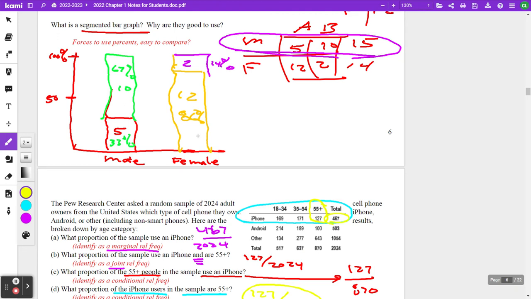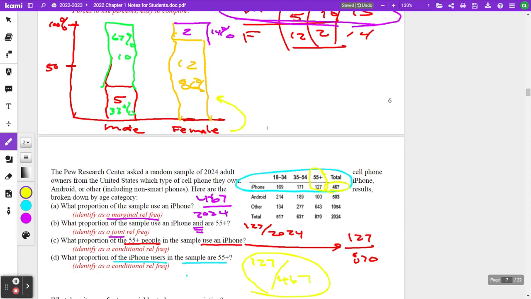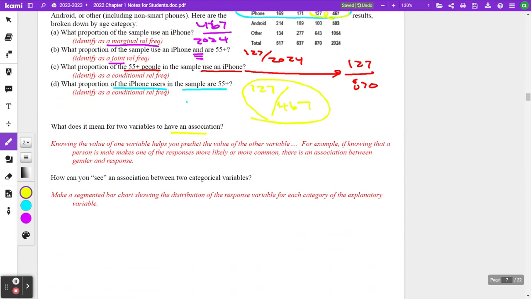You would say, oh, well, females do better in his class. They work harder or whatever it is. So that's what they mean by association: when knowing one variable predicts another variable, that's the key piece. So that's how you know they have an association.